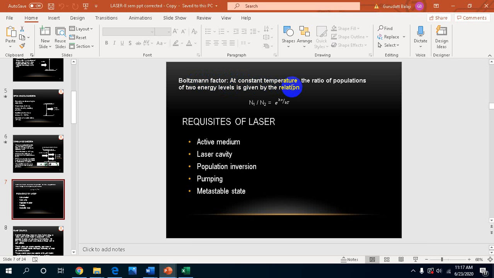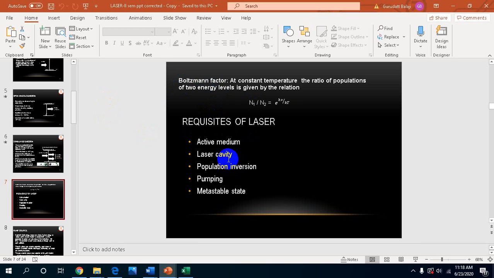Under equilibrium conditions, that is at constant temperature, the ratio of populations of two energy levels is N1 by N2 equal to e power h nu by kT, where N1 is the number of atoms present in the lower energy state E1, N2 is the number of atoms in the E2 state, nu is the frequency of the incident light, h is Planck's constant, k is the Boltzmann constant, and T is the absolute temperature. This is the relation between the populations of two energy levels.